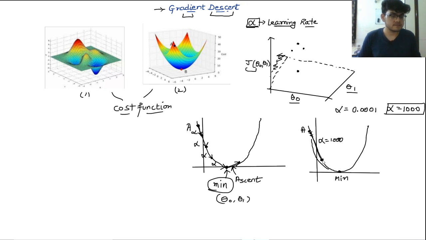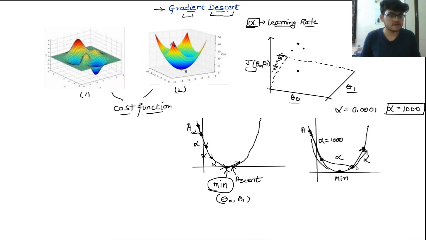Now the alpha step is 1000, so it will overshoot the minimum value, and it will go somewhere here, because we have multiplied by 1000, so it will actually miss this point. Then again we are going to take an alpha step, which will be this much, so we will reach here.